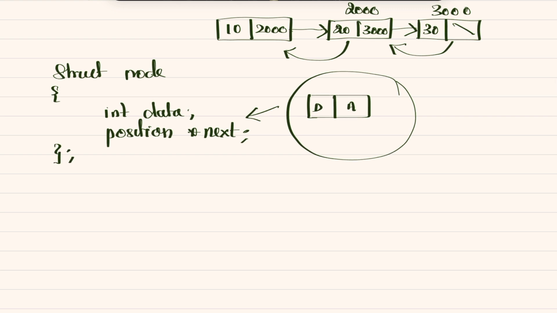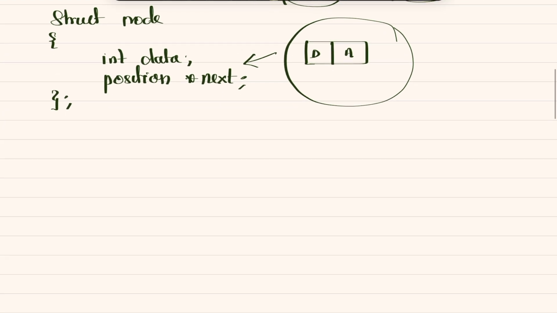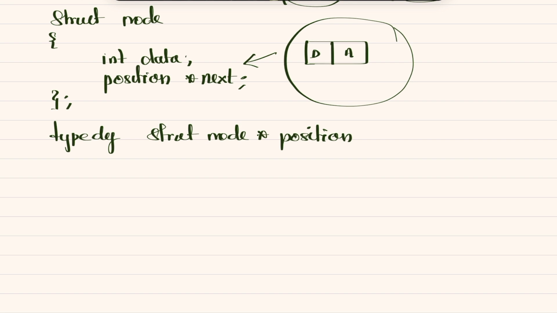This is the way we create the structure. For this structure we can have different names, so we use another keyword called typedef, which we can use to define user defined data types. Here the data type is struct node star, called position. Based on this position, we can call the particular memory space with different names.